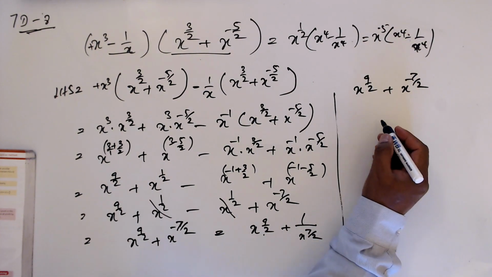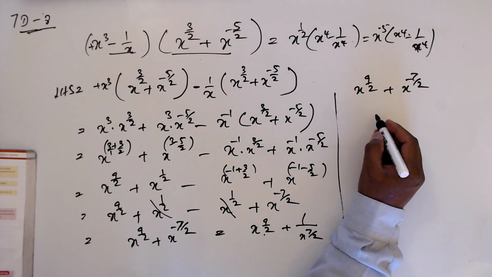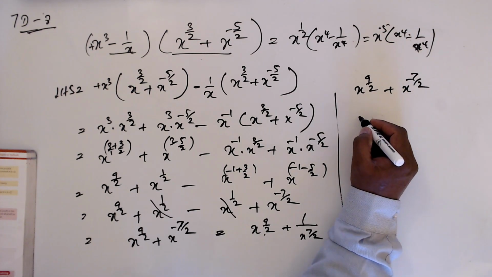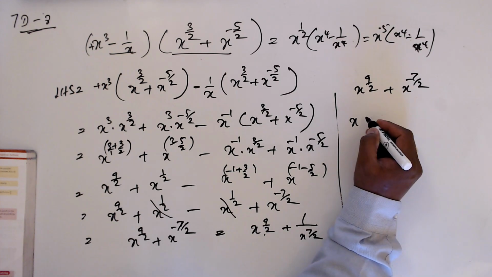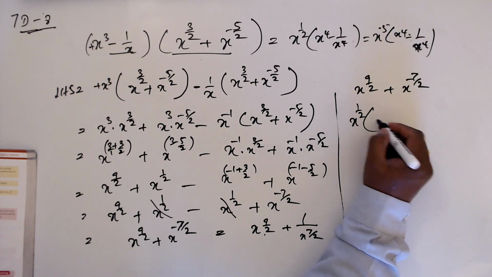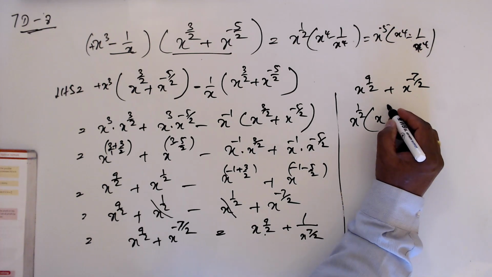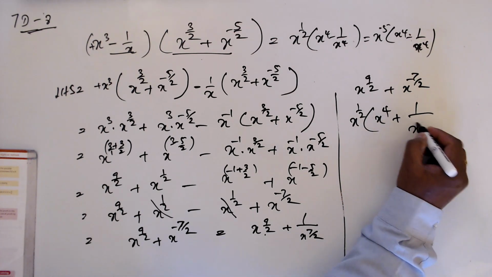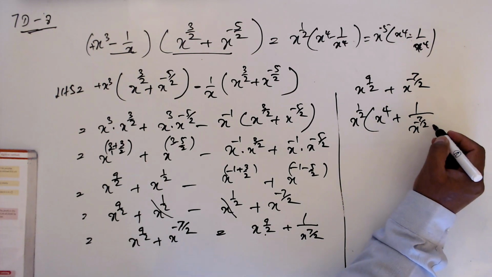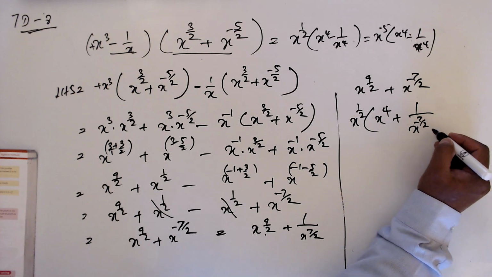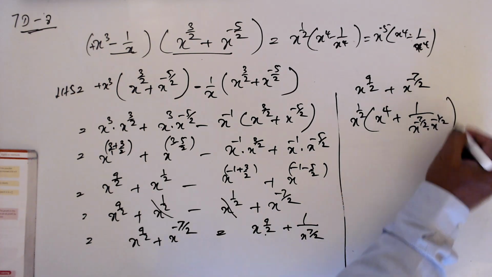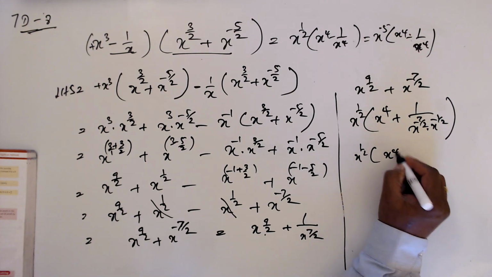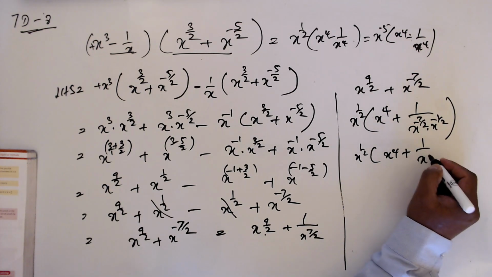Then what you could do, take x half out. x^(9/2) when you take half out, this is x^(8/2), which is x^4, and this is going to be x^(-7/2) times x^(-1/2), it means x half times x^4 over x^4.